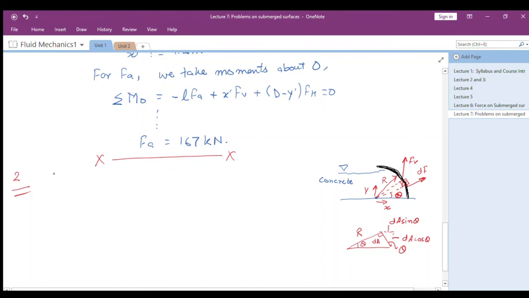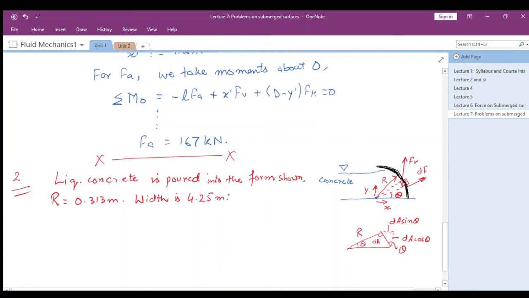Now let's look at the problem. The problem is something like this, that you have liquid concrete which is poured into the form shown, the mold. Here the radius of this mold is 0.313 meters. Width into the plane of paper is 4.25 meters.